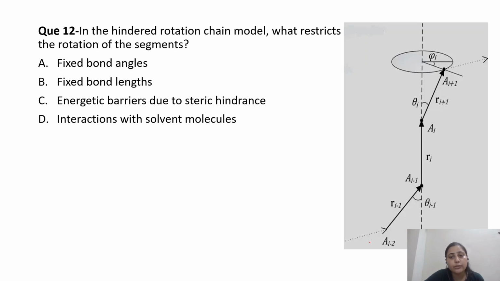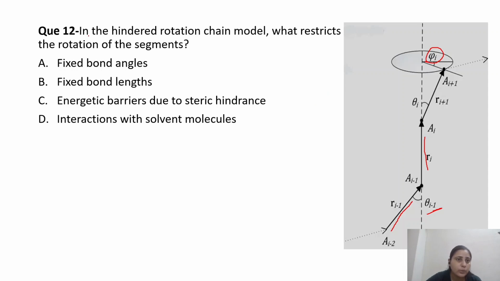These are all discussed in detail in the lecture slides, and it is a very important topic to understand also. Here in the figure, this is the bond length, this is the bond length, theta is the bond angle, and psi is the torsion angle.